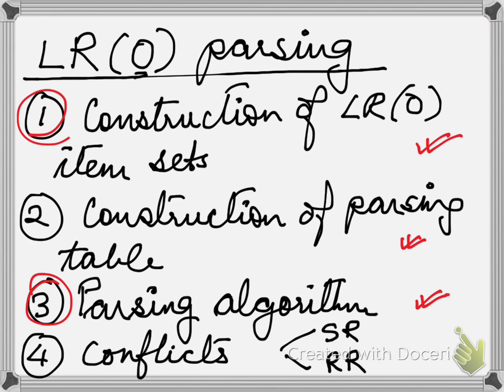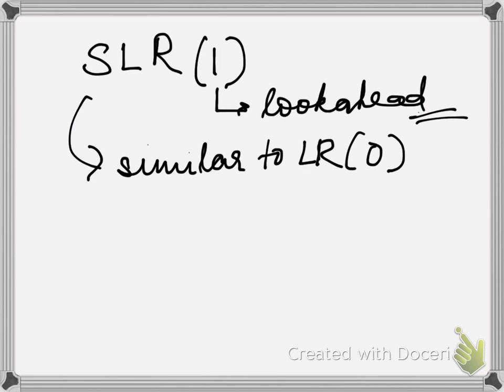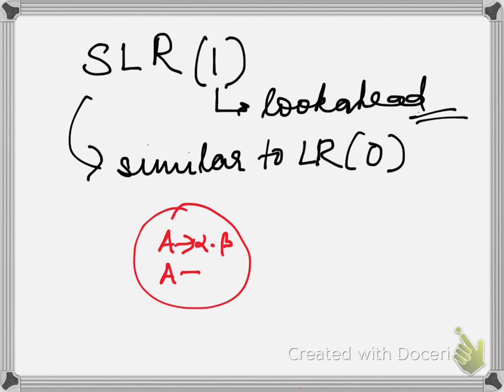Now coming to the conflicts that we had in LR0, you can see that the main problem occurred if you have a state which has an item like alpha dot beta, and also a final item.